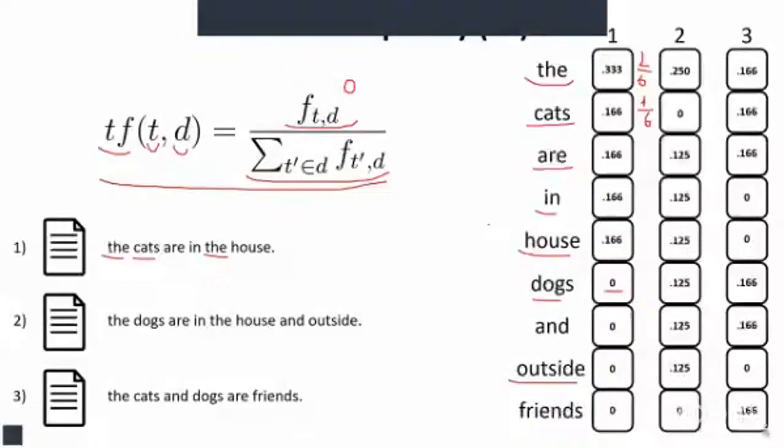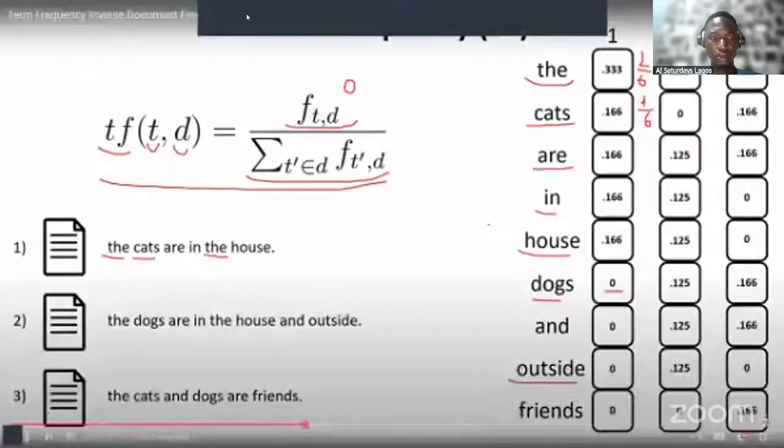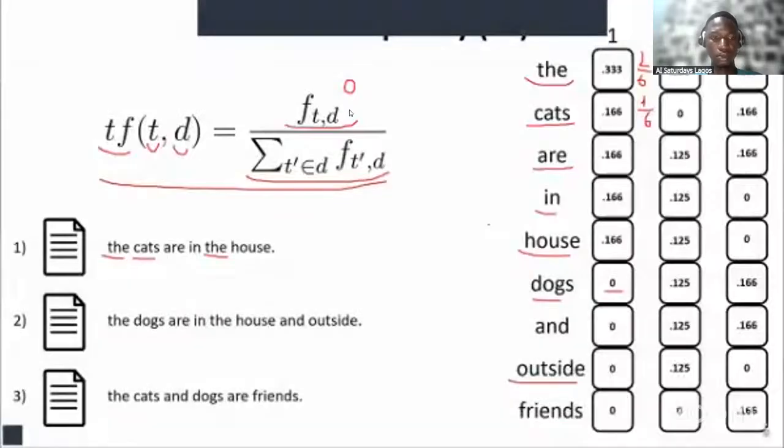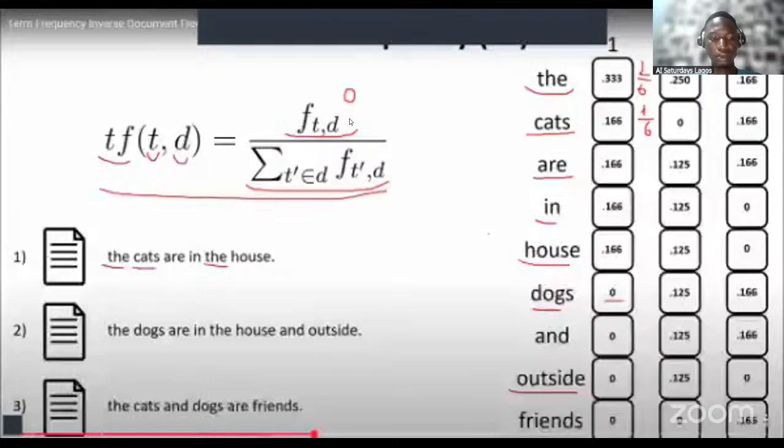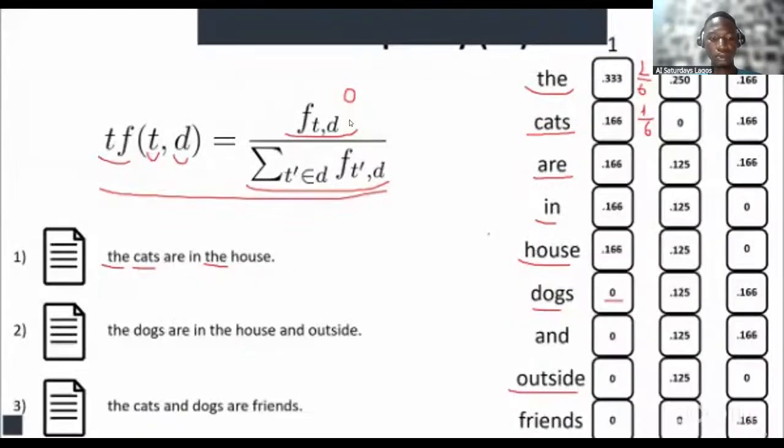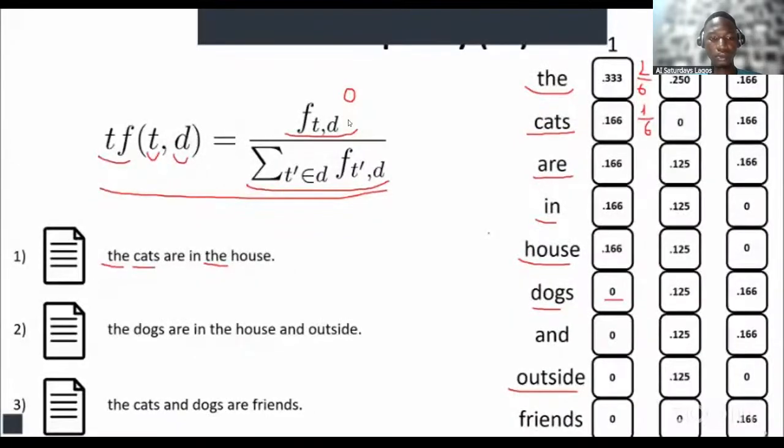After we compute the term frequency, we obtain three vectors, one for each document, which represent how often a word in our corpus is found inside that document divided by the total number of words inside that document.